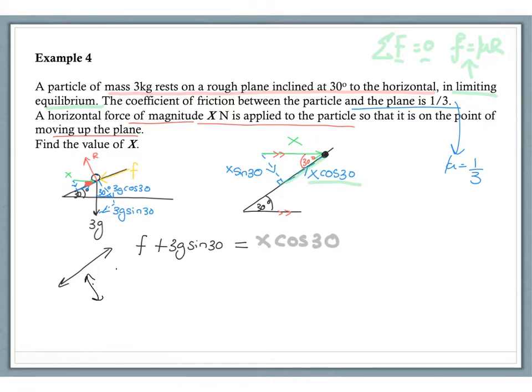Perpendicular to the slope, we've got R acting upwards, or away from the slope, and that is balanced by x sine 30 and 3g cos 30.